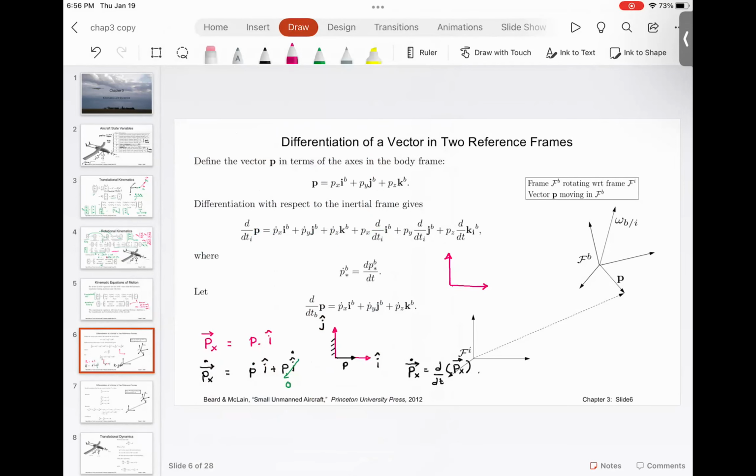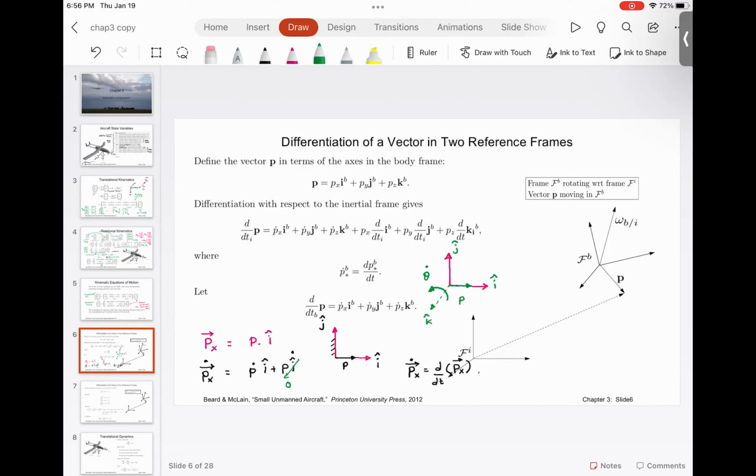So it's the same vector P. Again, this is frame I, this is frame J, and believe it or not, there is a frame K. Right hand thumb rule, X, Y, Z. And now the frame is rotating at velocity theta dot.